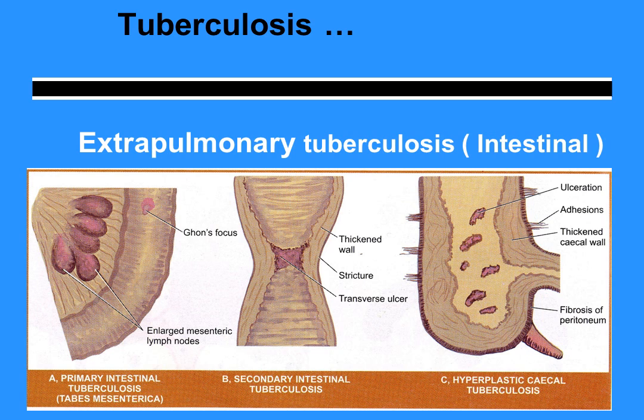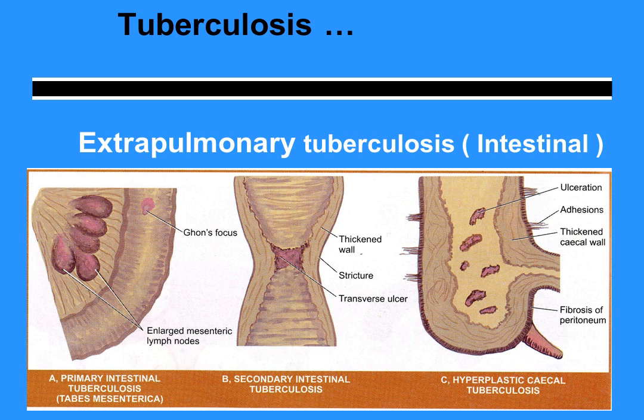In primary intestinal tuberculosis, as I said, in primary tuberculosis it is the lymph node which shows enlargement. So you will see a primary focus and there will be enlarged mesenteric lymph nodes, which is also called tabes mesenterica. In secondary intestinal tuberculosis, it is a hypertrophic kind of lesion in which there are transverse ulcers.